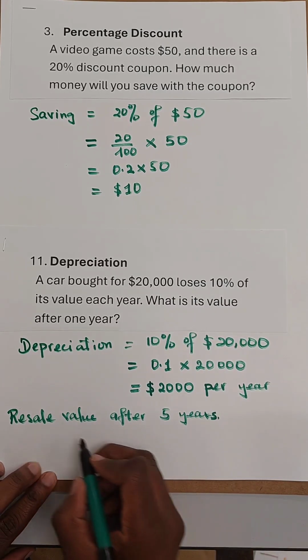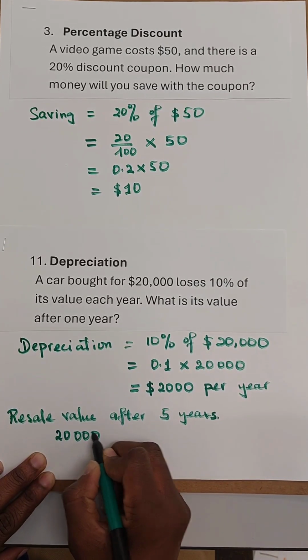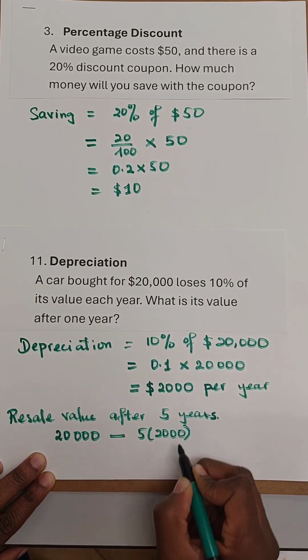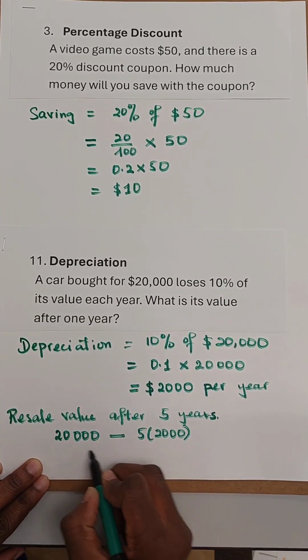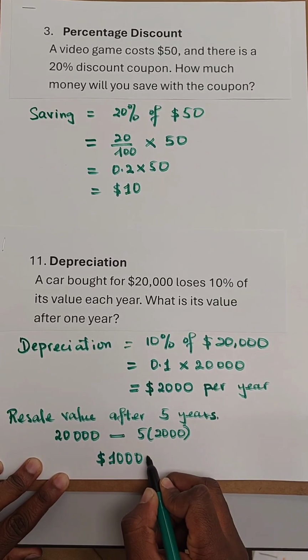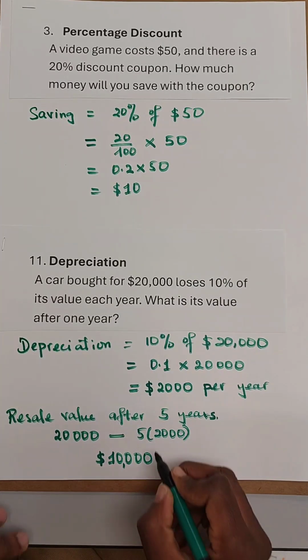The resale value after 5 years will be 20,000, which is the original cost, minus 5 times the yearly depreciation of 2,000. So the resale value after 5 years will be $10,000. Okay, that will be the resale value after 5 years for that car, $10,000.